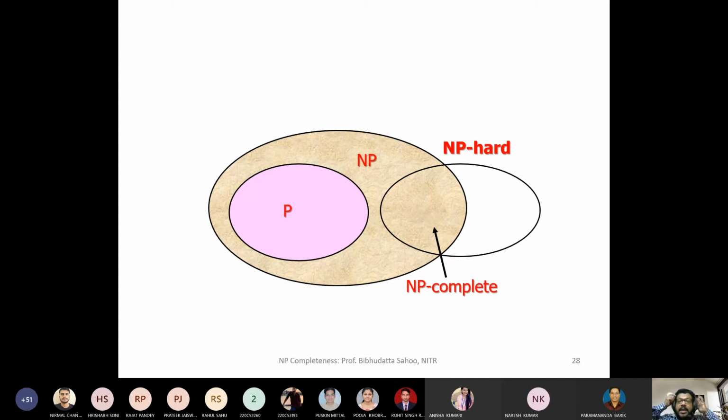Then if you look into this diagram, we have this transparent circle that represents the NP hard set of problems. What you see, one problem is NP. Then the intersection of NP and NP hard is found to be NP complete. So from this, one thing you conclude: any problem is NP hard.